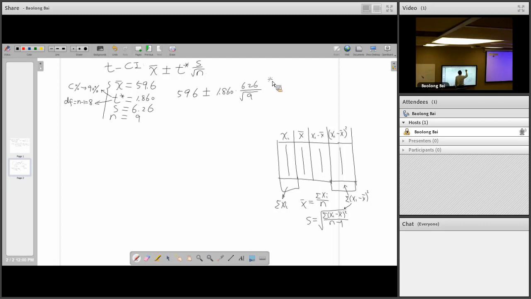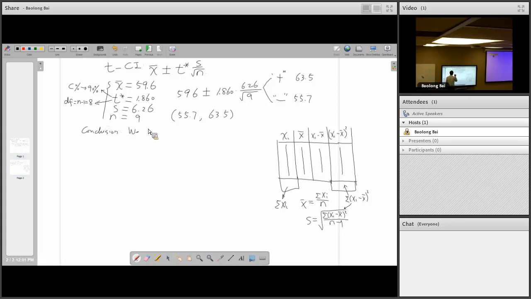And then with addition and subtraction, we can calculate two numbers. With subtraction, we can calculate 55.7. And with addition, we can calculate 63.5. So the confidence interval we calculate will be between 55.7 and 63.5. And don't forget to write a conclusion as required.